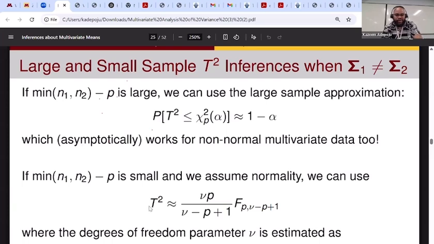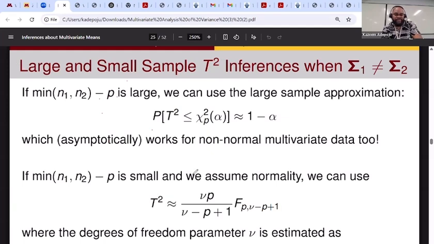Okay, so for the situation where p is small, when I say p, I mean the number of features, the number of variables, we assume normality. So we're going to take the minimum of n1 and n2, minus p. Then we're going to have a t-square defined as this. So what am I trying to say?